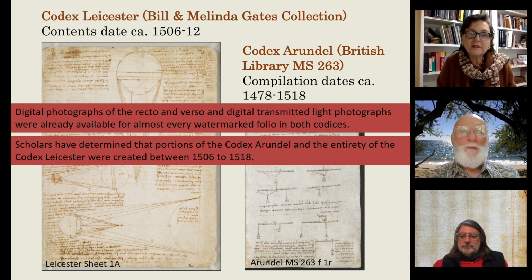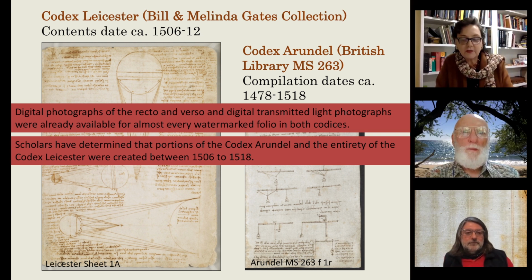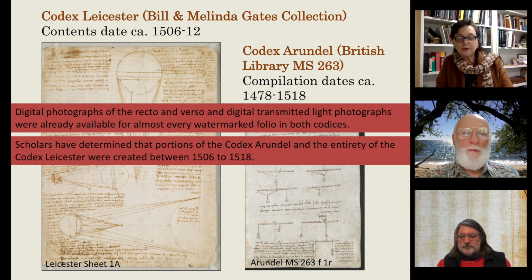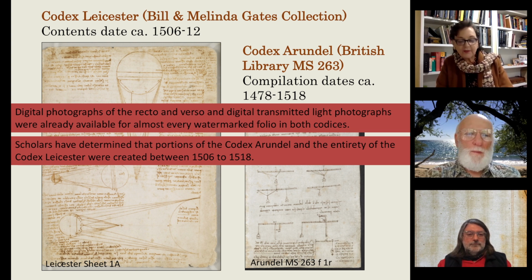Secondly, scholars have determined that portions of the Codex Arundel and the entirety of the Codex Leicester were created during the time period of circa 1506 to 1518. Although the proposed dates for individual sections of each codex vary slightly, given the intersection of dates, it seemed reasonable to conjecture that some of their papers were contemporaneously and possibly procured in batches from a local paper purveyor.